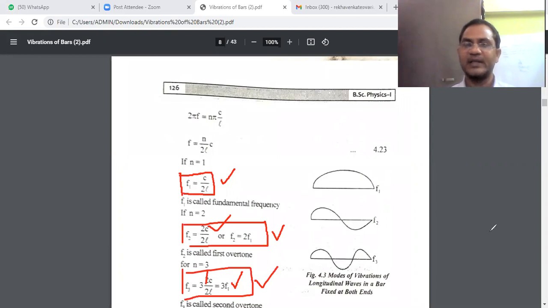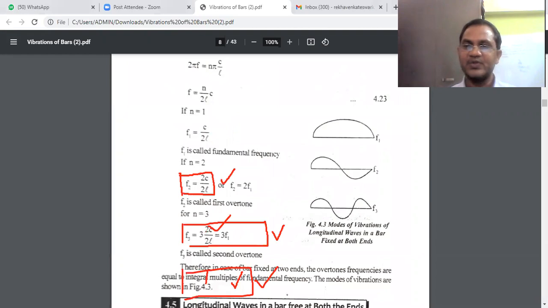Clear, sir? So the longitudinal modes of vibration in the bar, which is clamped at both ends, are given by f equal to nc by 2l, where n represents the number of the mode. For the fundamental frequency, you substitute n equal to 1.